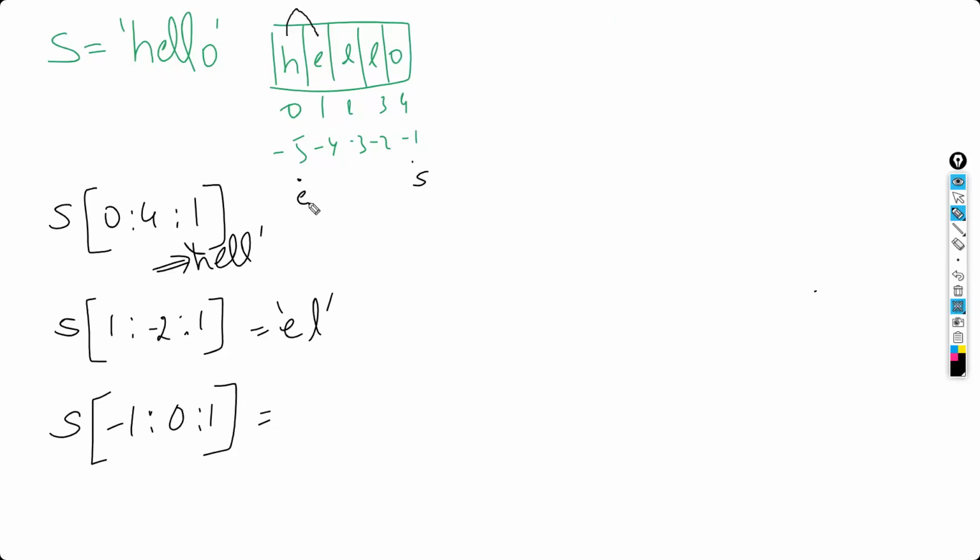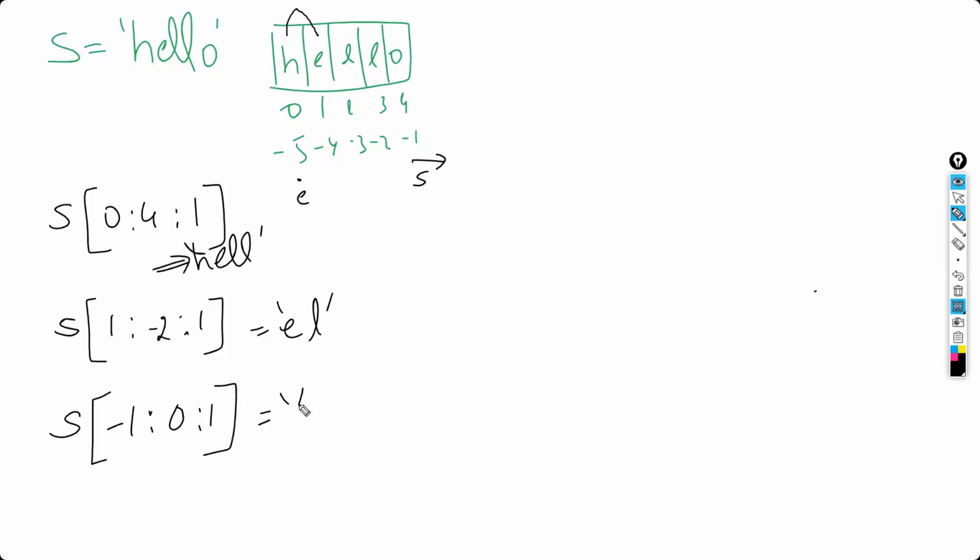Positive or negative? Positive. In the step, plus is there, so it means positive. In the +1 direction, is it possible to reach it? No, not possible. Then what is the output? Empty string. You are going to get an empty string, inside that nothing will be there, not even a space.